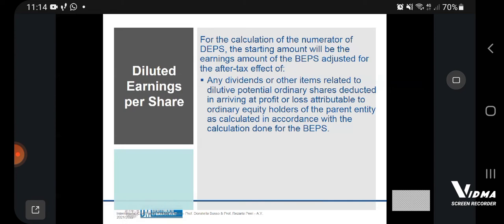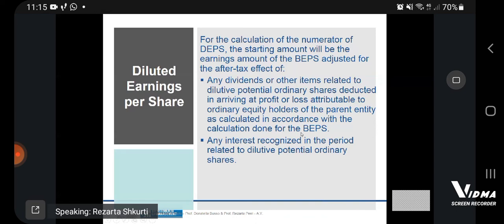If we have any dividends or other items related to dilutive potential ordinary shares, they are deducted to arrive at a profit or loss that is attributable to common shareholders. And this is in accordance with the calculations that we have previously done for the basic earnings per share.